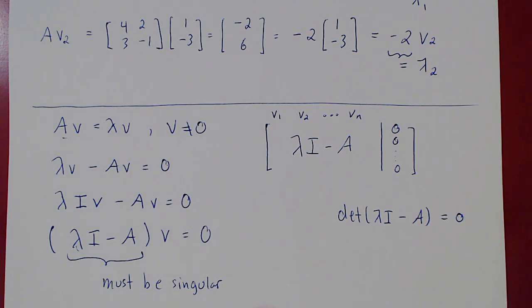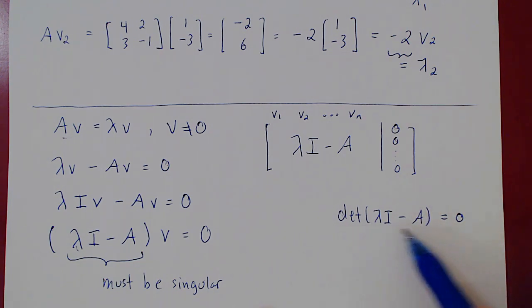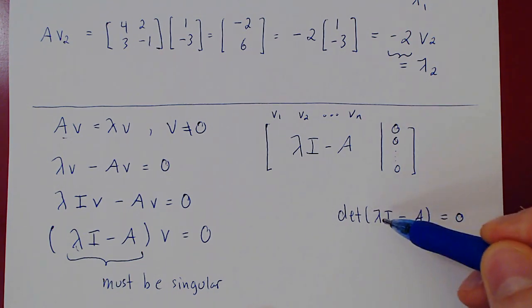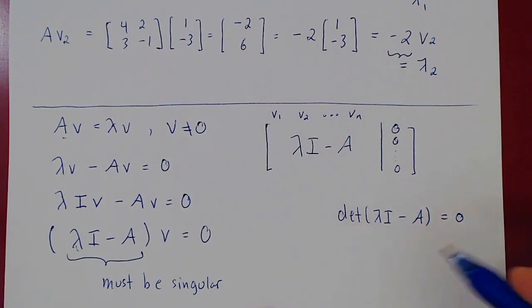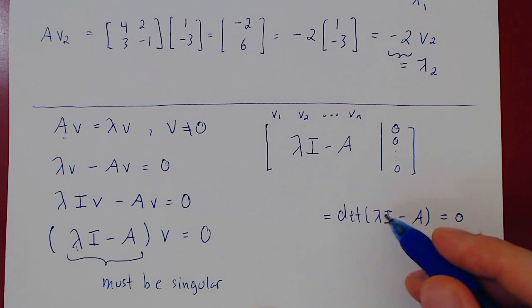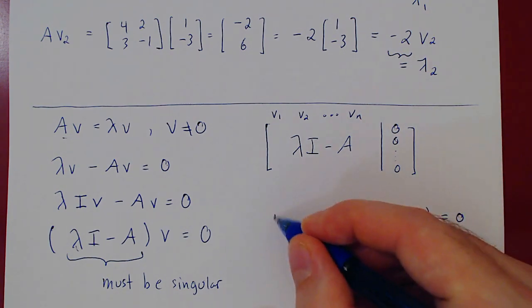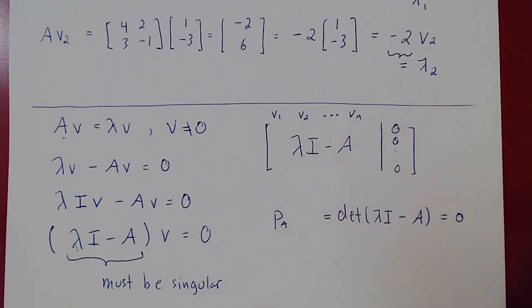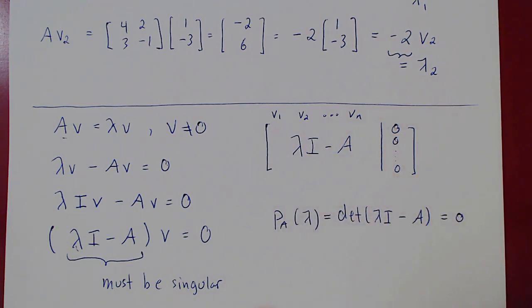As we'll see in the next video when we consider an example, if the matrix A is an n by n matrix, this will be a polynomial in the variable lambda of degree n. We call this the characteristic polynomial of A, and we usually denote this by P sub A, and it is a function of lambda.